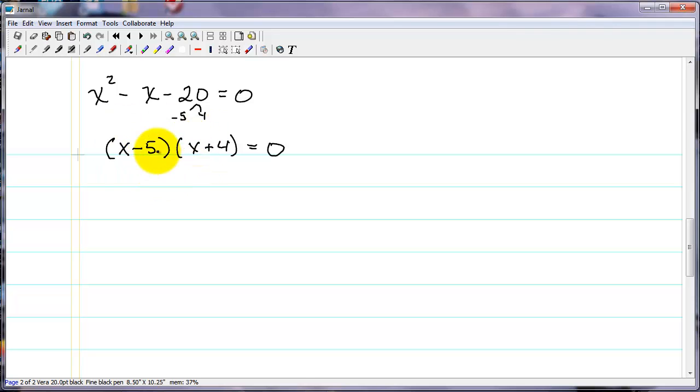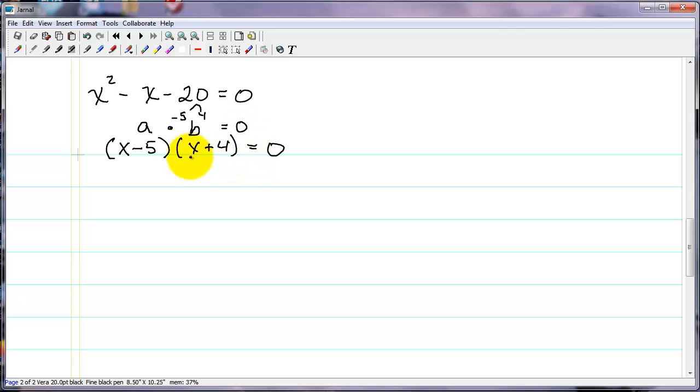Now this is where our zero product property is going to come into play. This expression represents some unknown number, so let's call that A. And this represents another unknown number. Let's call it B. They're multiplied together, and they equal 0.